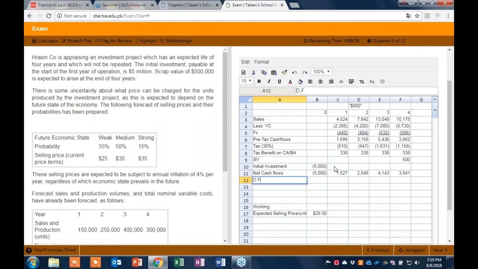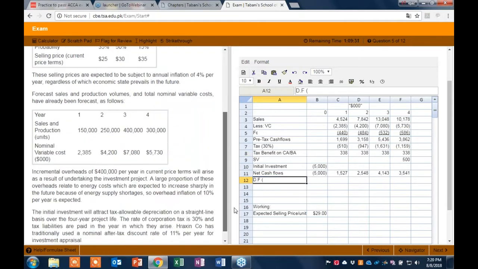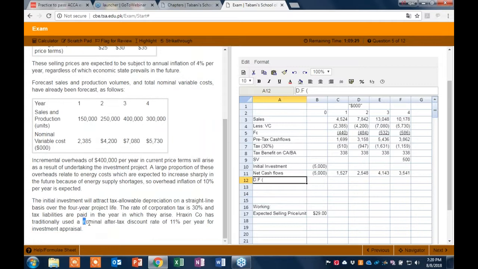Now let's take the discount factor. And I told you that whenever we inflate the cash flows, we'll always take the nominal cost of capital. And luckily, we have the nominal cost of capital, so it's 11%. So let's calculate discount factors. 1.11 raised to the power minus 0.